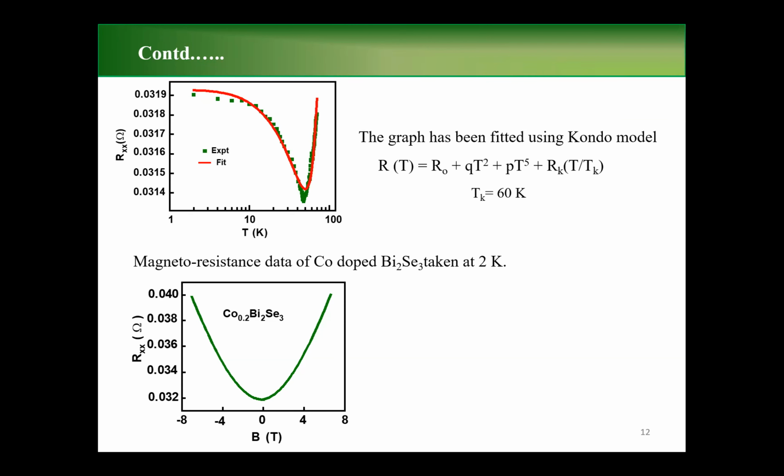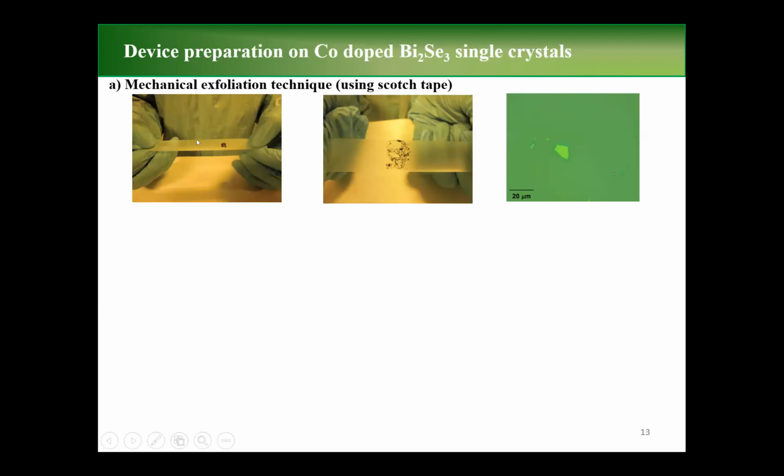So in order to study the surface states, we make a device using the mechanical exfoliation technique, because we are mainly interested in the surface state of this cobalt doped bismuth selenide. We know that bismuth selenide is a layered structure held together by weak van der Waals forces.